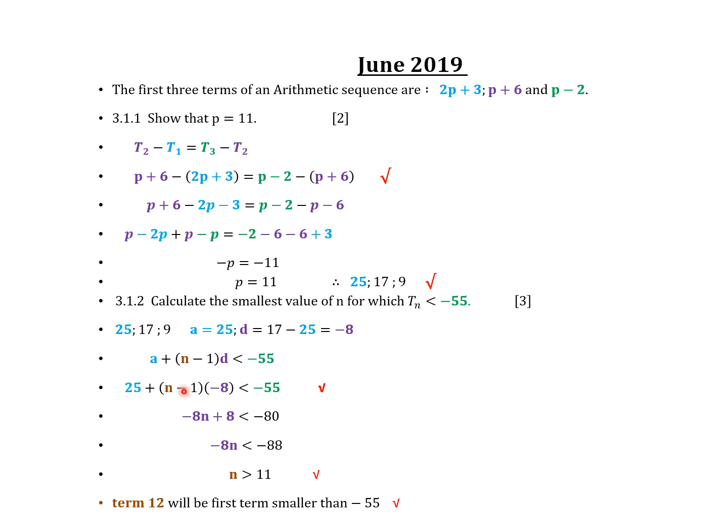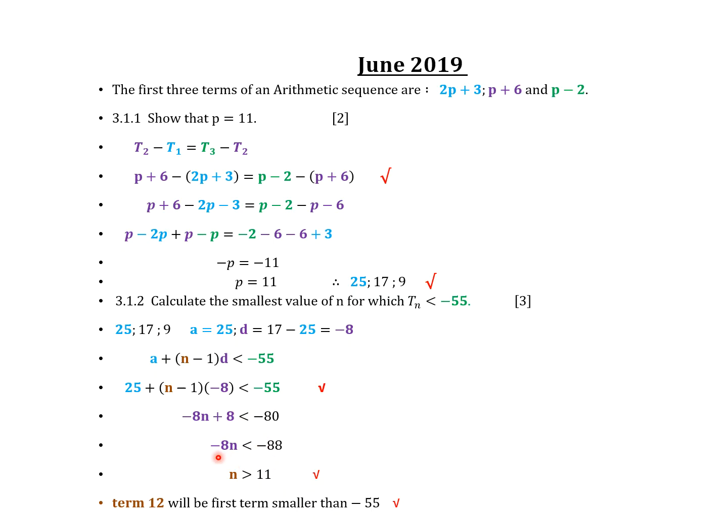Negative 8 times n, negative 8n, negative 8 times 1 gives me positive 8. Right, if I take 25 over, negative 55 minus 25 gives me negative 80. Right, there if I bring 8 over, negative 80 minus 8 gives me negative 88.